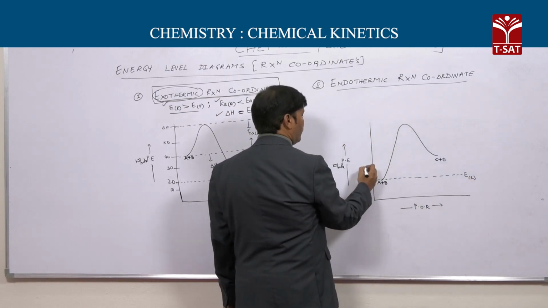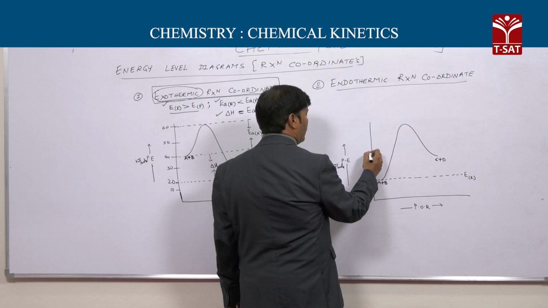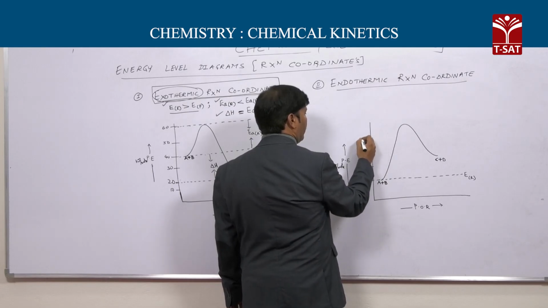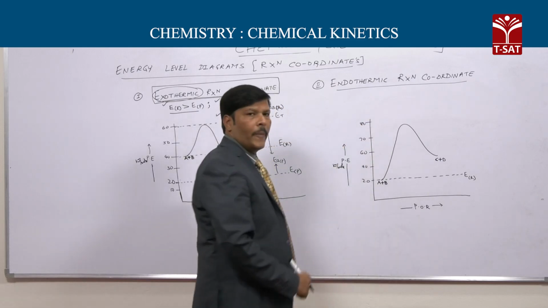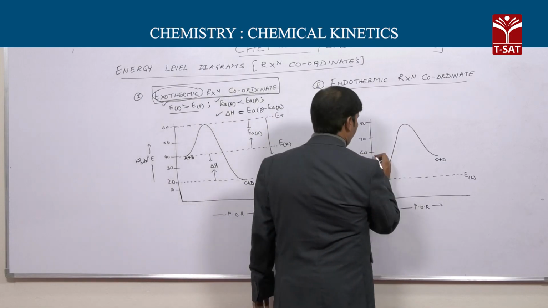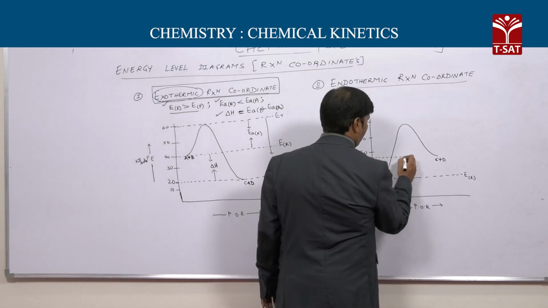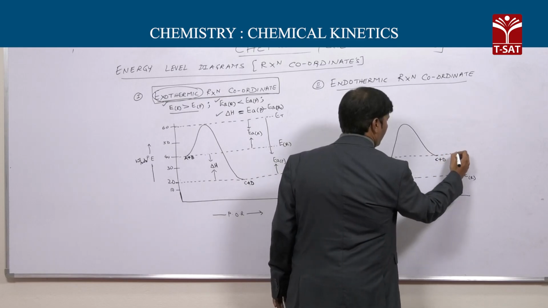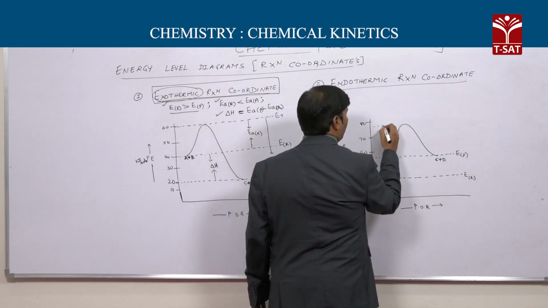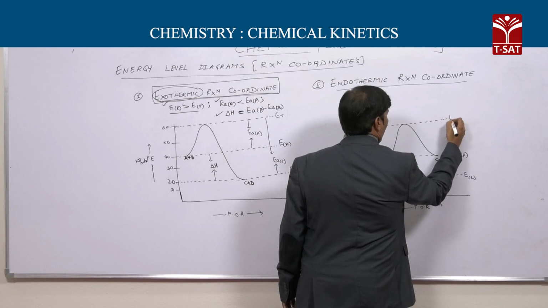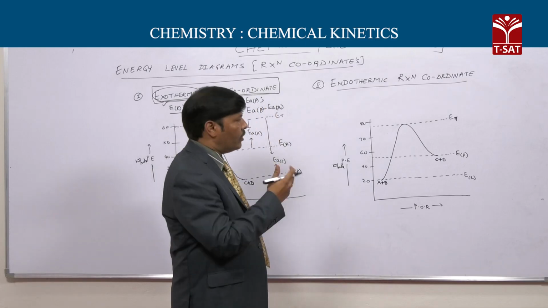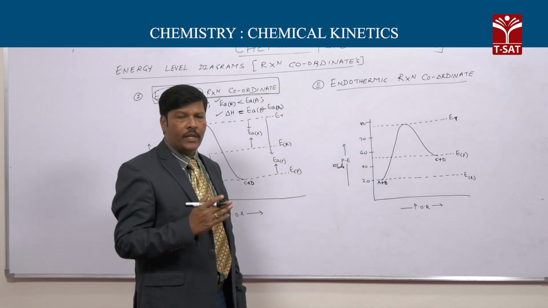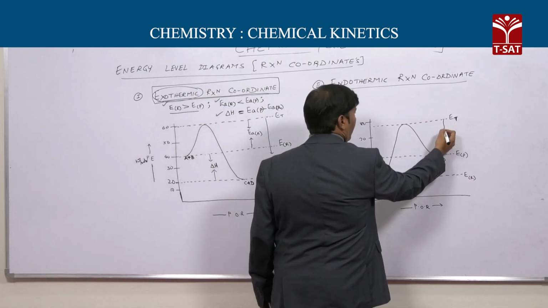Imagine that this is 20 kilojoules, then this is 40 kilojoules, then 60, then 70, and of course 80 kilojoules. This is the energy of the reactants, then this is the energy of the products, and this is the threshold energy. So once you know the threshold energy, the energy of the products and the energy of the reactants, you can easily calculate what is happening to the activation energy.